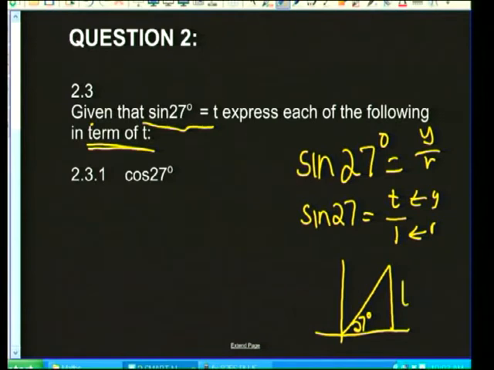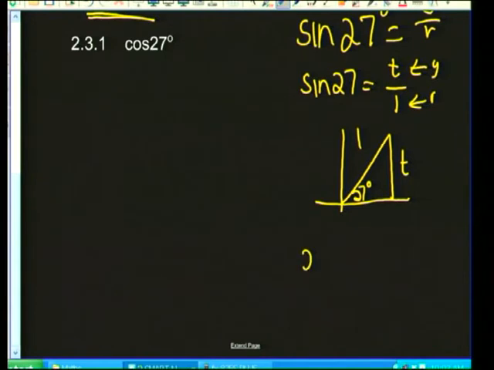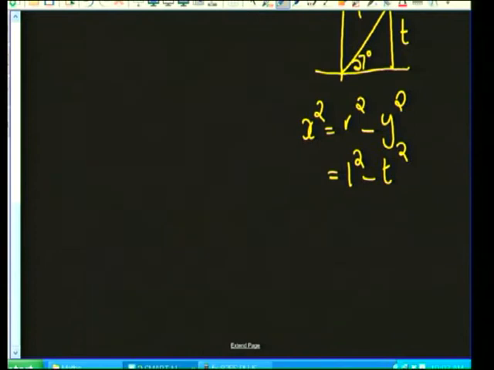Your y is t, your r is 1. We need to find x. So x squared would equal r squared minus y squared using Pythagoras.